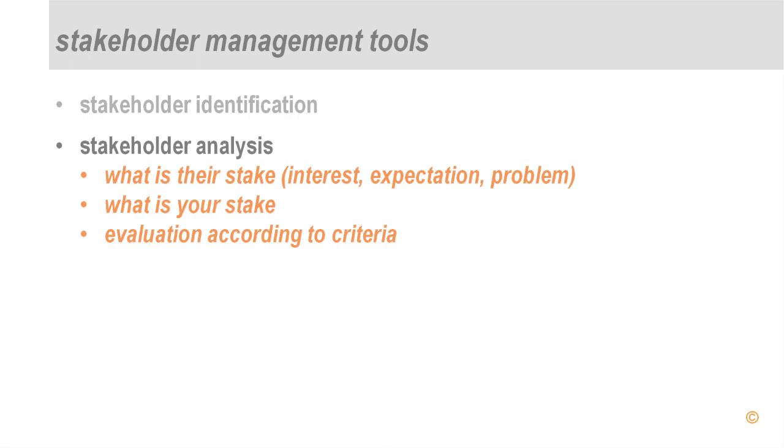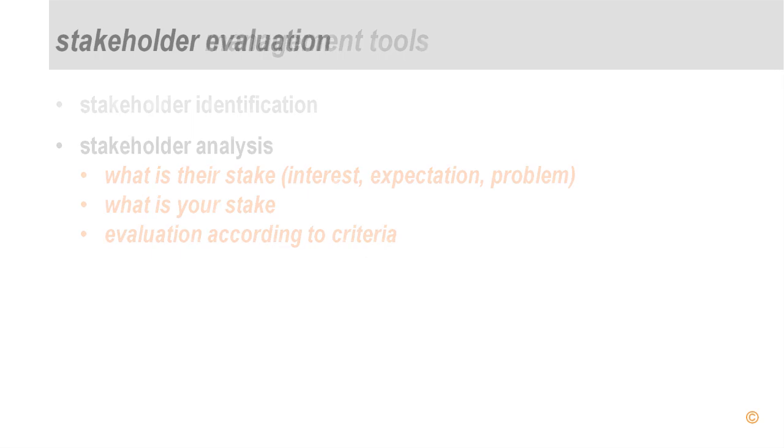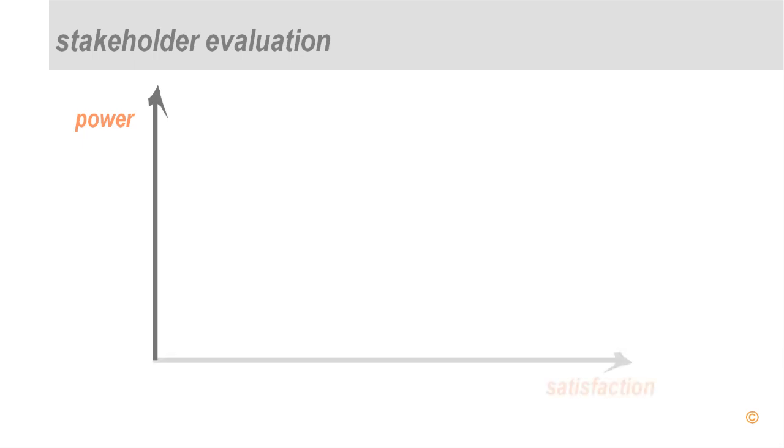Sometimes it is useful to evaluate the importance of stakeholders. And the importance depends on whatever criteria are of importance in a different situation. For example, an organization may want to evaluate its various stakeholders in terms of the power that the stakeholder has over the organization and the degree of satisfaction that each stakeholder has with the organization. Are they satisfied with my organization? Yes or no?